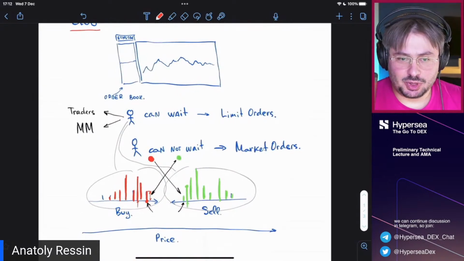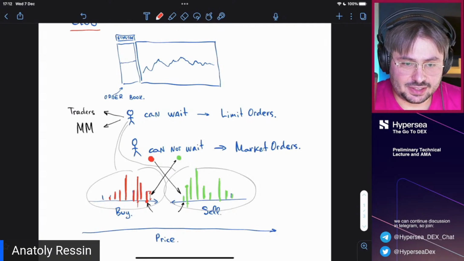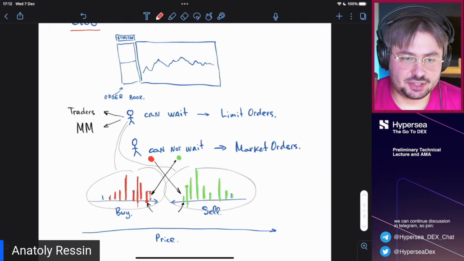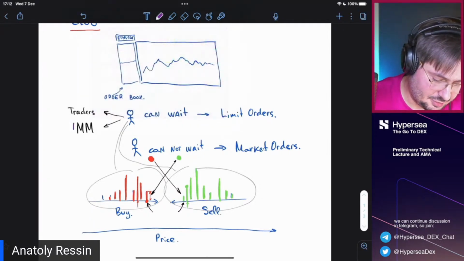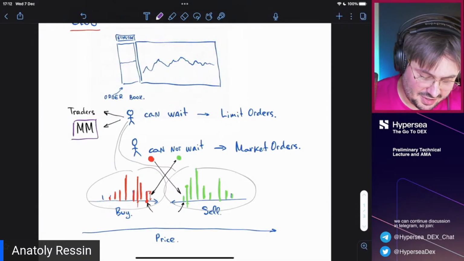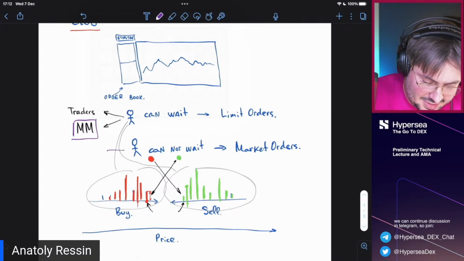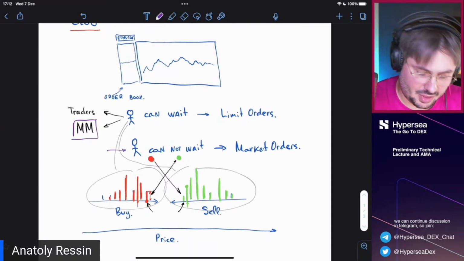It allows to implement all the needed actions for users that are market makers and users who cannot wait, so market orders.